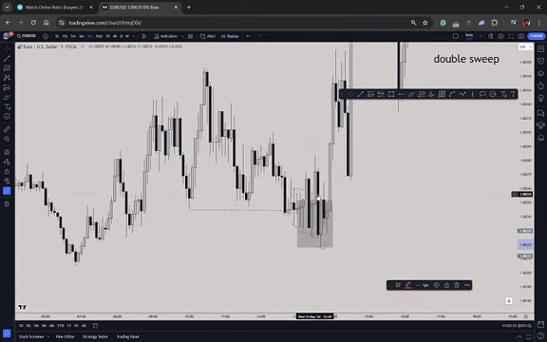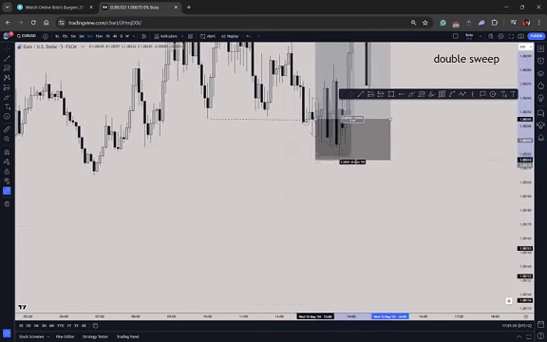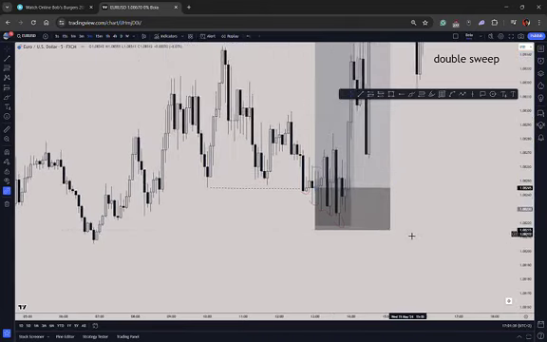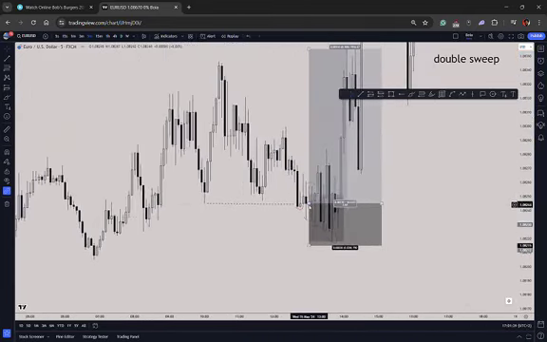Now, upon seeing this second reaction, I would have bought from here using the double sweep and maybe using an approximate 3 pip stop loss. Okay, that would have been saved if I had used a 3 pip stop loss. The reason I could have gotten into this was just based on the second reaction.